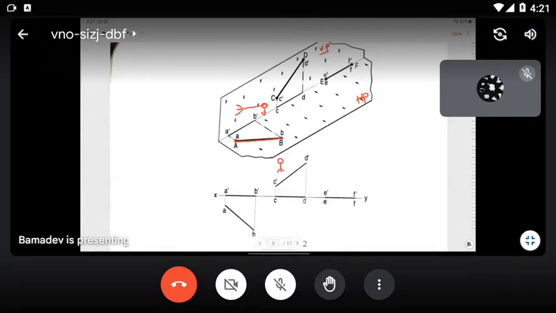Just tell me what difference you will feel. In top view, we can see the inclination of the line, and in front view, it would appear as a straight line only.